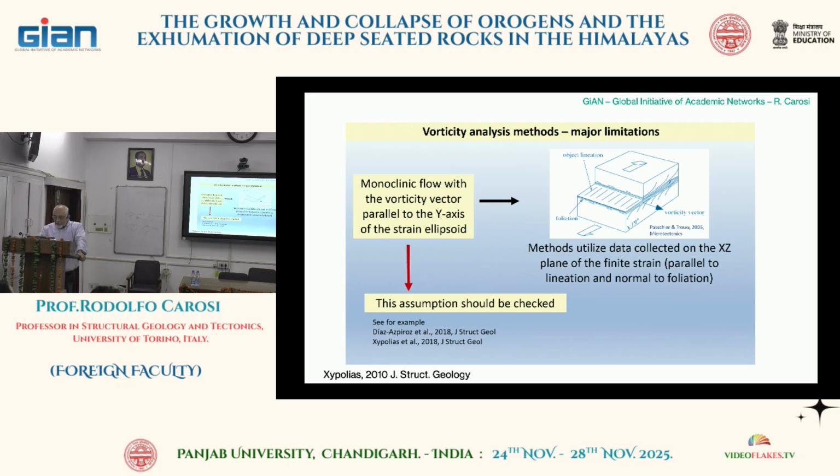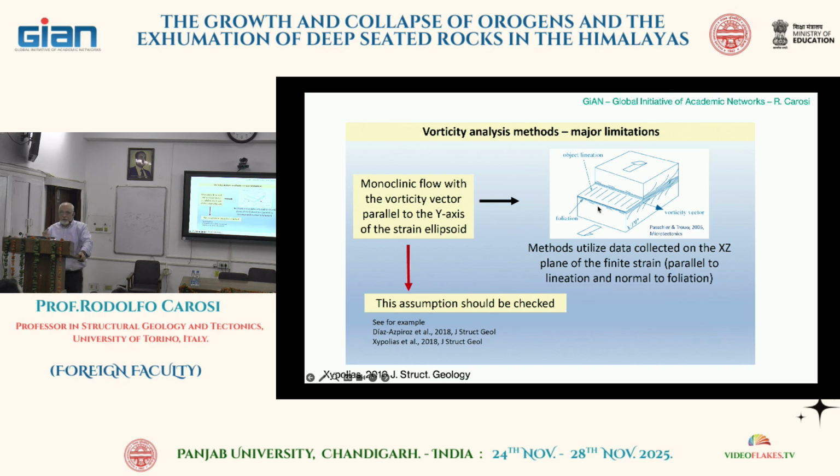Okay, the limitation of the methods that we use is the assumption of monoclinic flow with the vorticity vector parallel to the y-axis. This assumption should be checked. The way I check is to observe this section, the vorticity plane, the XZ section, to observe here if there are rotations.